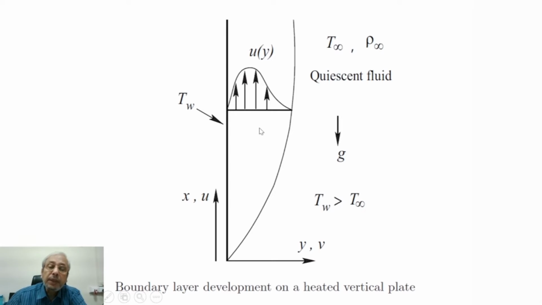Subsequently, we derived the energy integral equation and the momentum integral equation for natural convective flow over a flat vertical surface, which is at a higher temperature than the ambient fluid temperature.